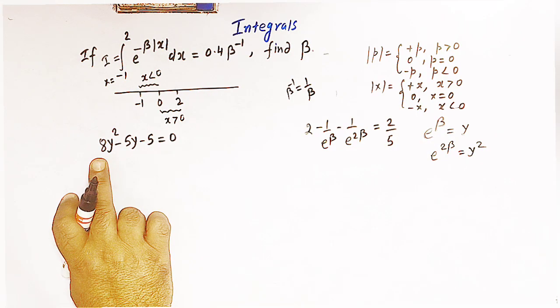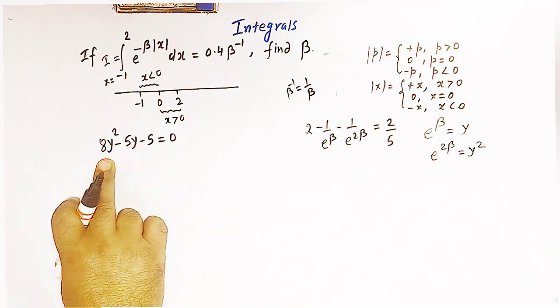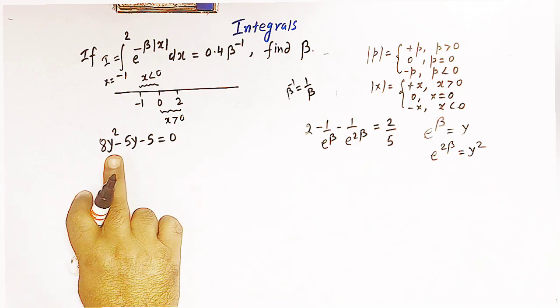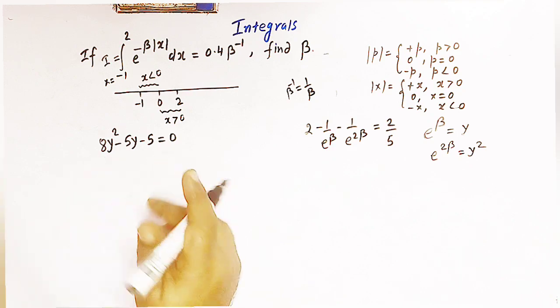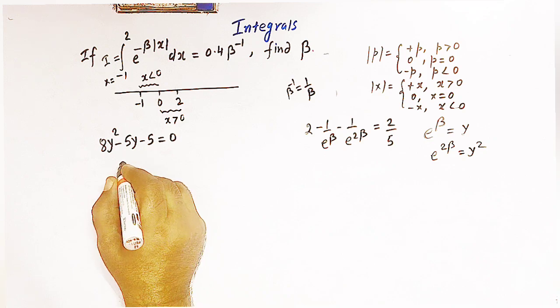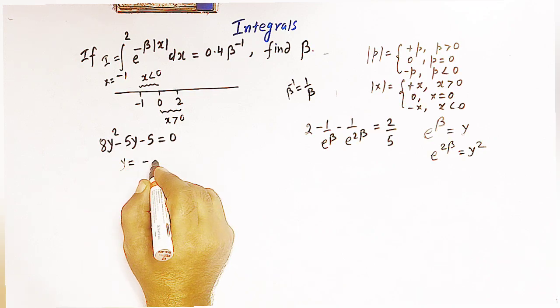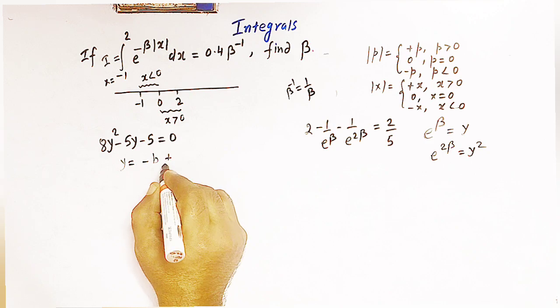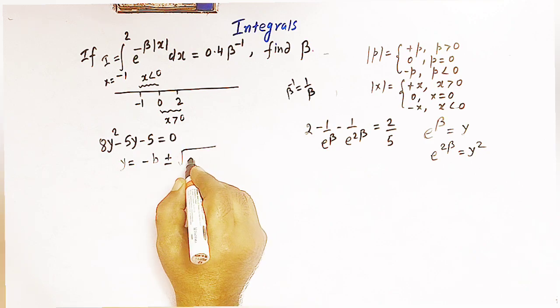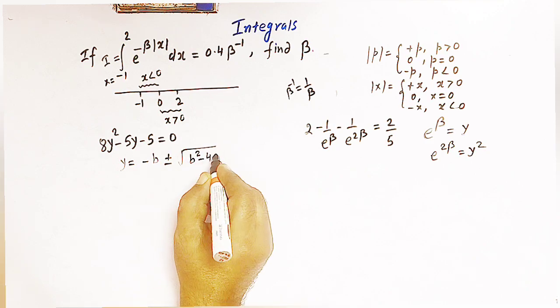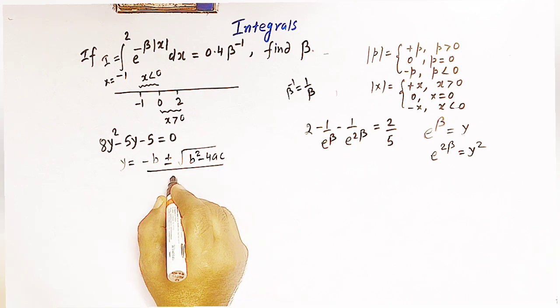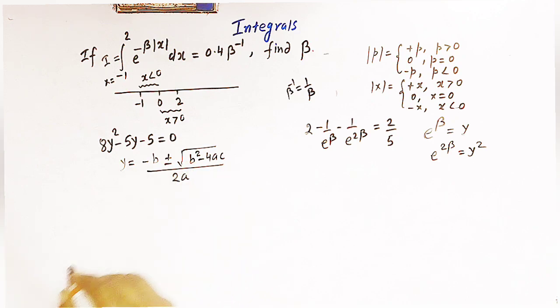So now we have this quadratic equation to solve, and we can easily solve it by the method of discriminant. So the value of y can be given by the quadratic formula, that is minus b plus minus square root of b square minus 4ac divided by 2a, right?